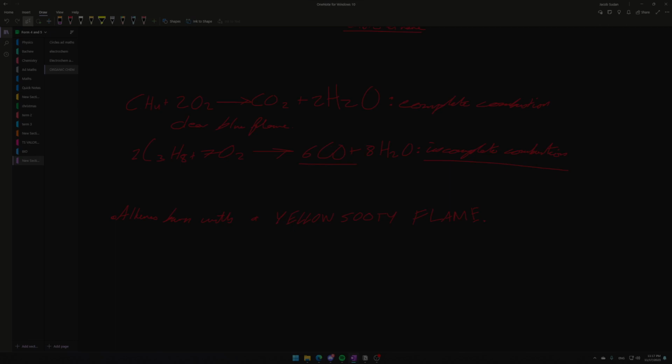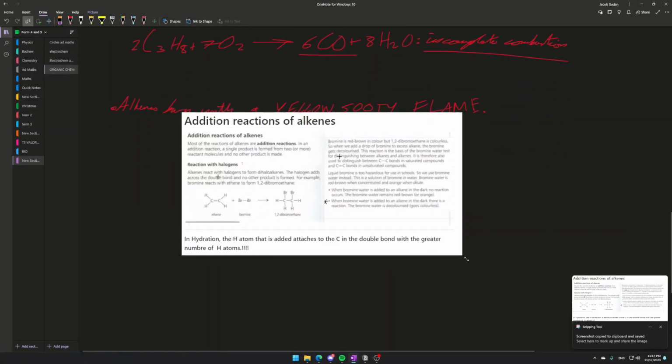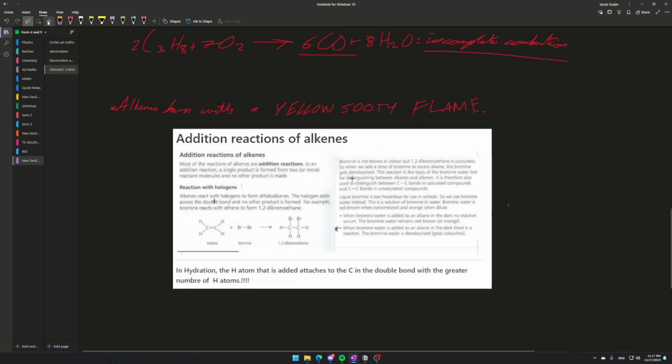There is something called hydration of alkenes. So, okay, here's this. Right, we're going to just look at this. Alkene reactions are usually addition reactions. When they react with halogens, they form dihaloalkanes.